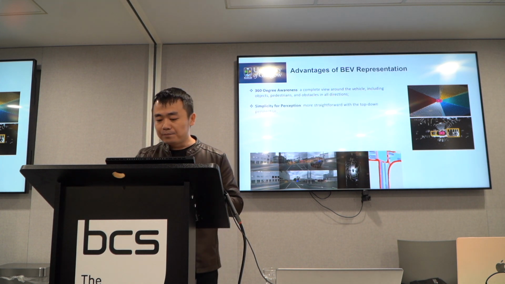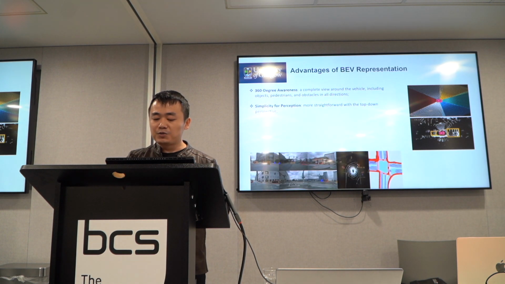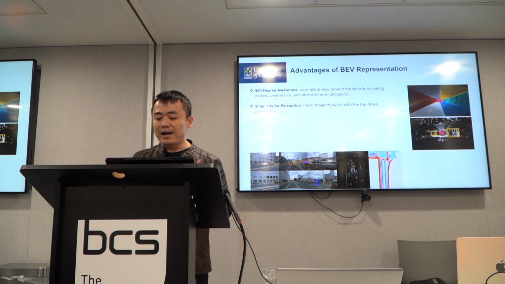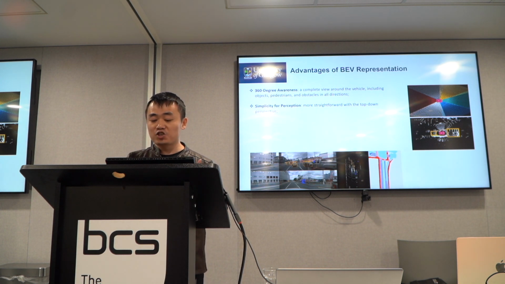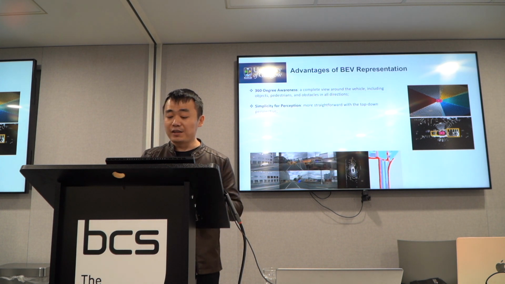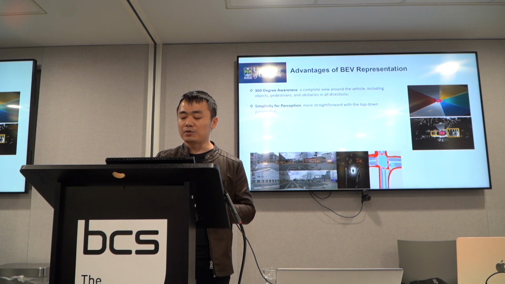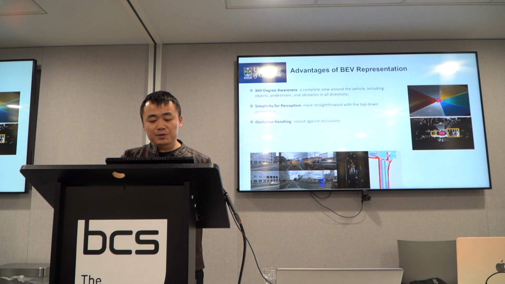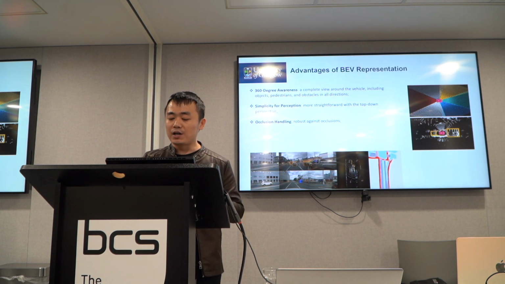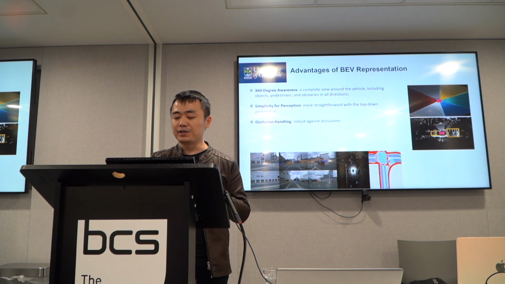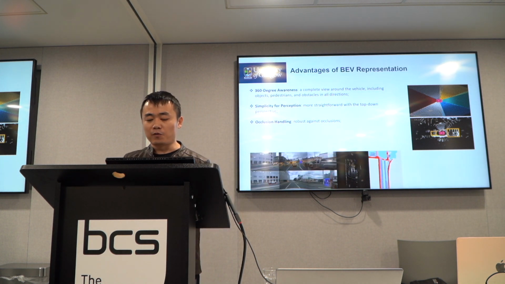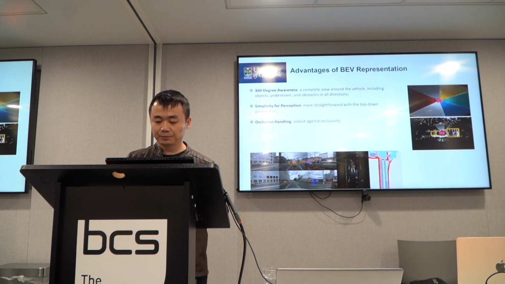This kind of BEV representation also helps the algorithm to identify the objects' shapes and aids in precise localization with the top-down perspective. The BEV is also robust against occlusions: even when an object is partially hidden from the side or rear views, it is visible from the top-down perspective.